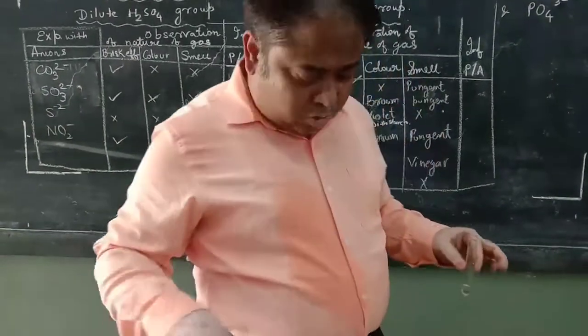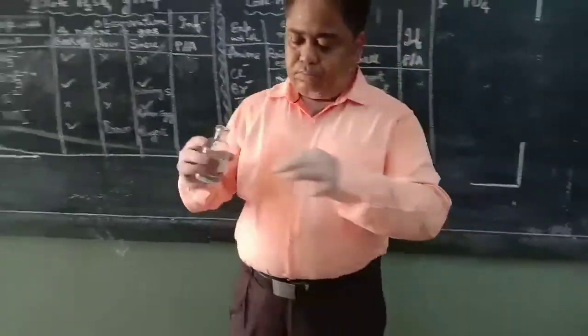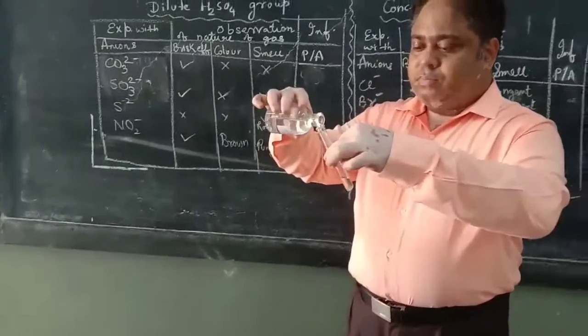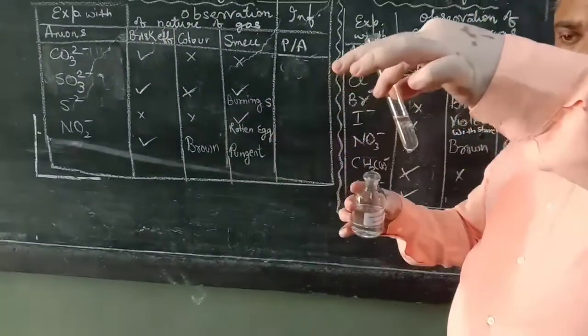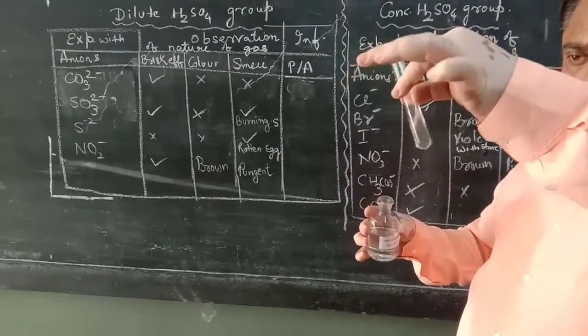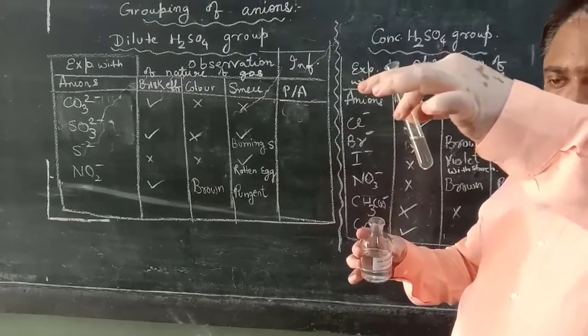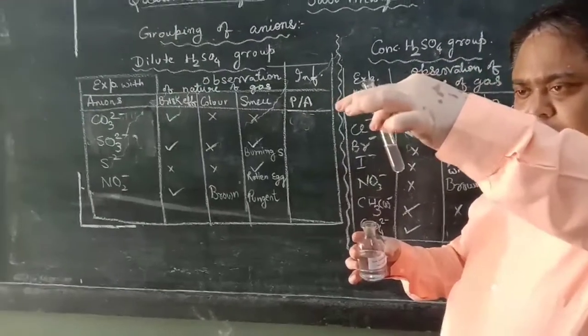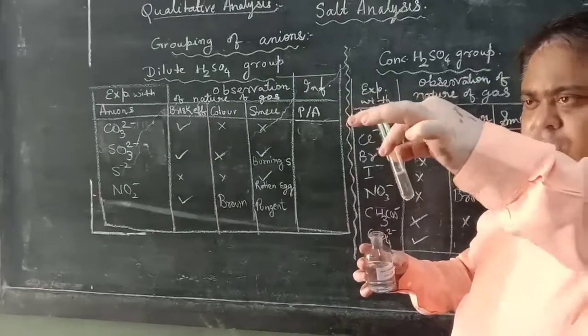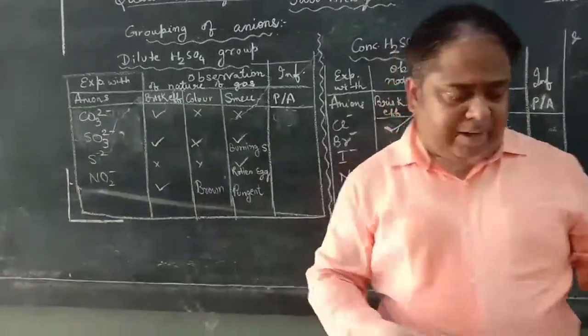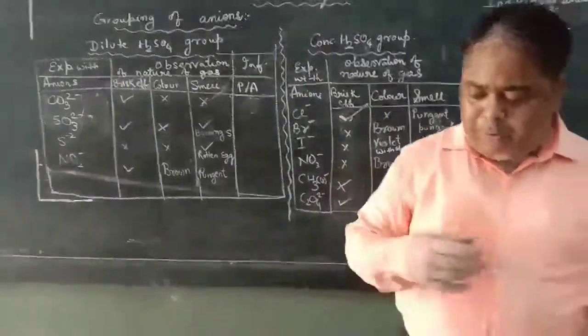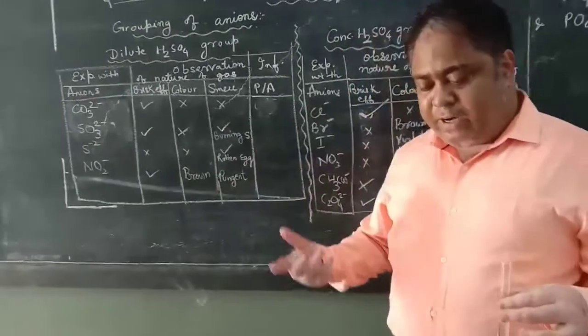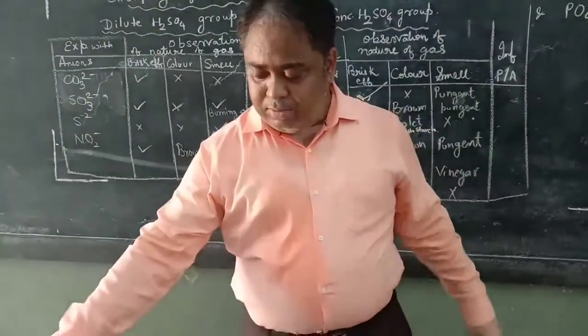Now we'll put concentrated H2SO4. The crystals of ammonium acetate are dissolving slowly, and I am getting a vinegar-like smell. If you want a more prominent smell, you can warm it.